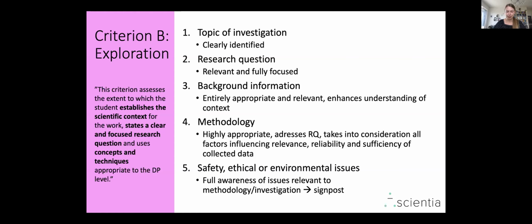So it needs to be complete. Then safety, ethical, and environmental issues need to be considered, and it's really important to have a signposted section on this where you demonstrate that you have considered these factors. Even if there aren't any, for example, ethical issues, state that there aren't any, just so that you've covered your bases.